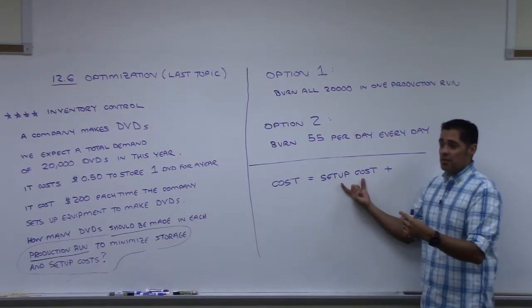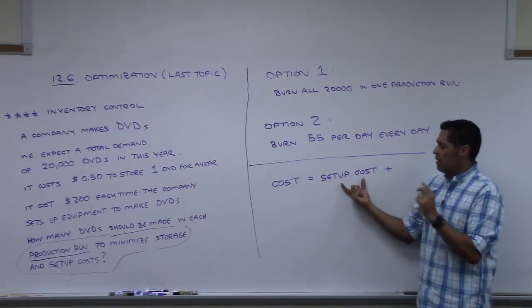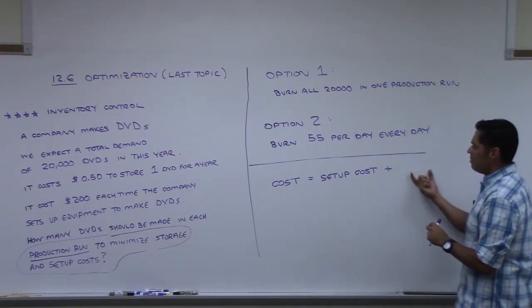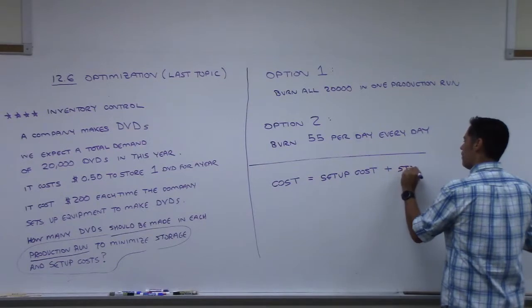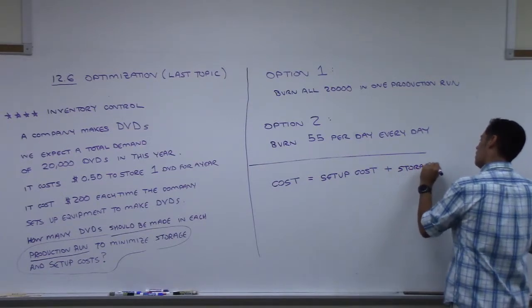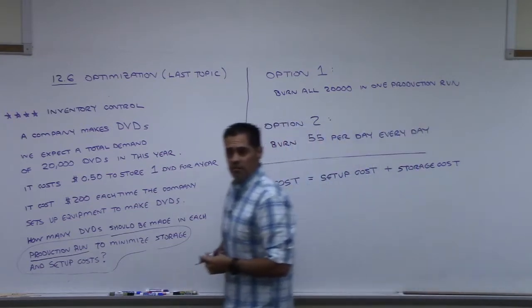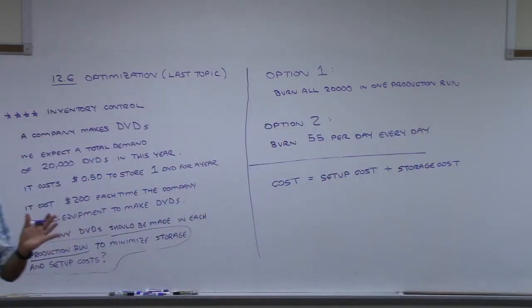If I do it every single day, it's 200 times 365. But either way, that's my setup cost. Agreed? And then this right here is going to be my storage cost. So that's what my cost is, if we just lay it out in words: my setup cost plus my storage cost.